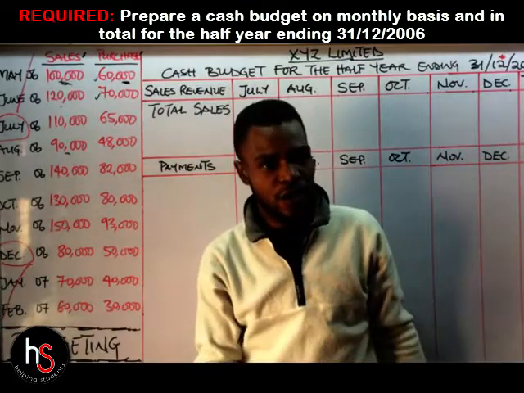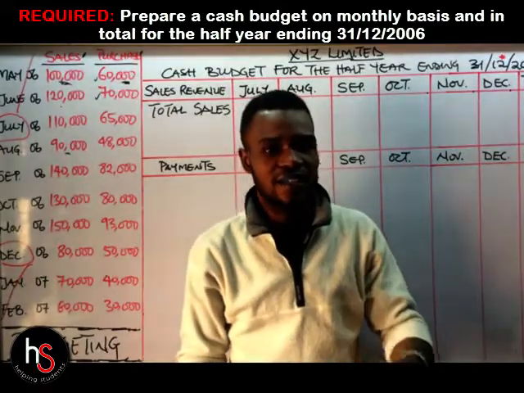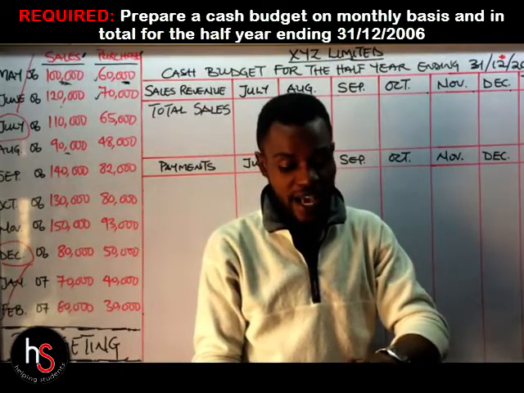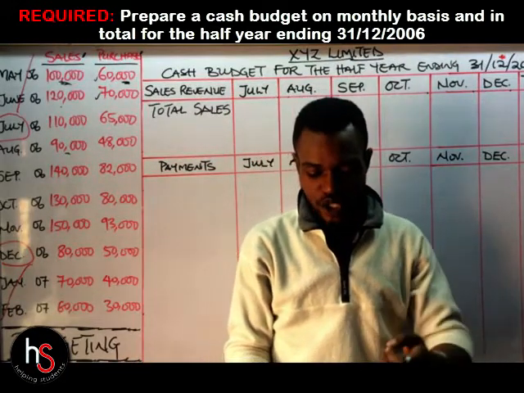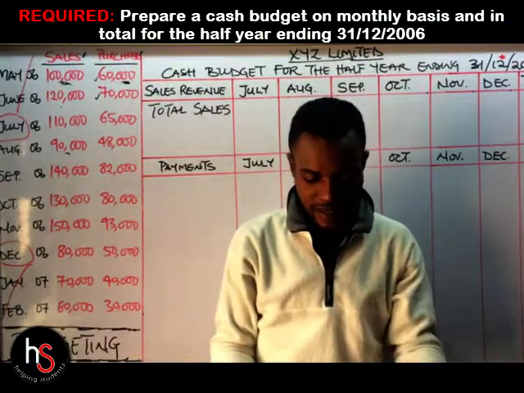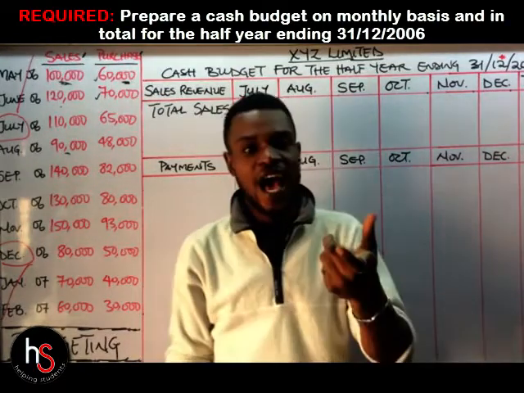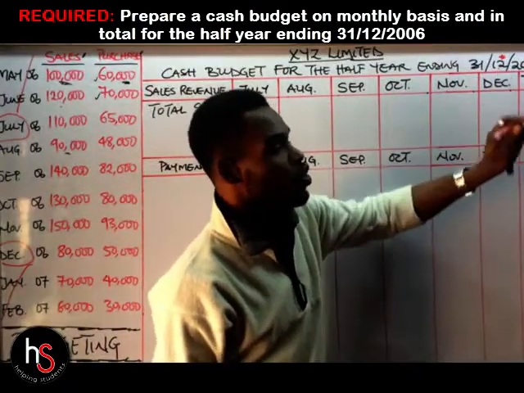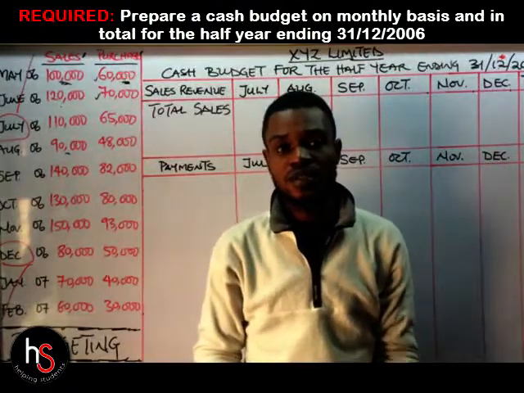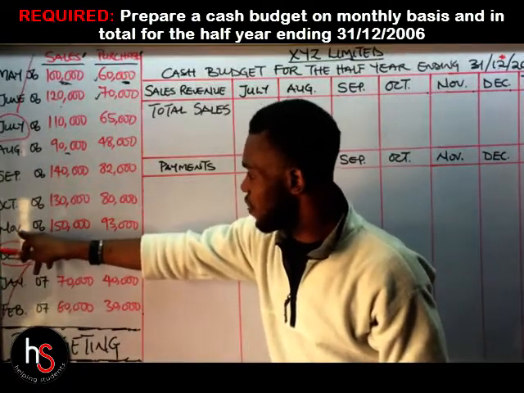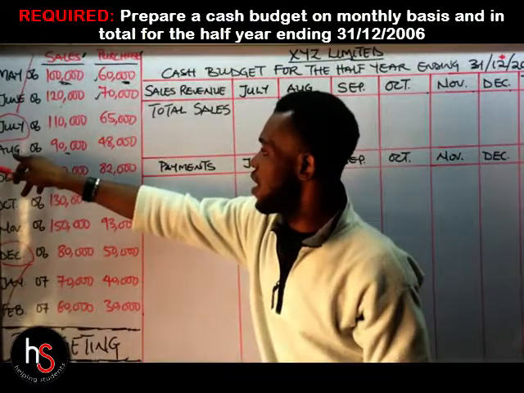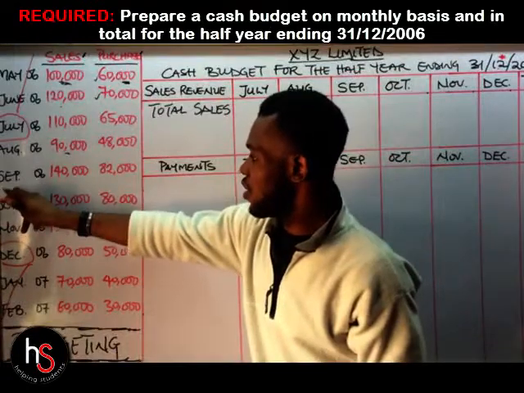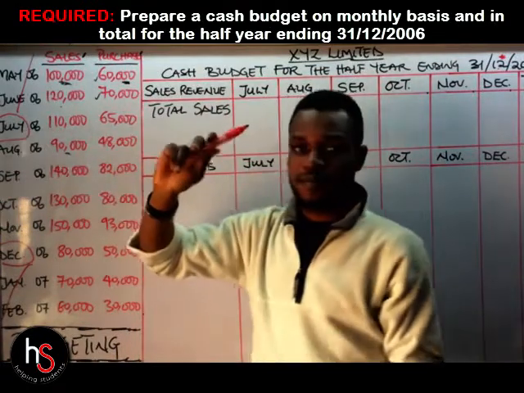Let me repeat it one more time. The month of significance is always given in the question. You can see we are required to prepare the cash budget on monthly basis and in total for the half year ending 31st. The half year has to do with 6 months, and the month they gave us was December. So 6 months up to December was December, November, October, September, August, and July, which is 1, 2, 3, 4, 5, 6.